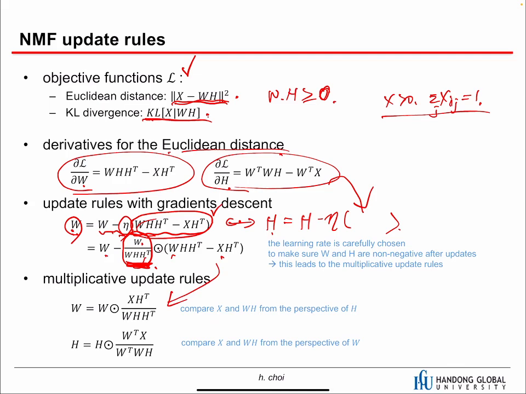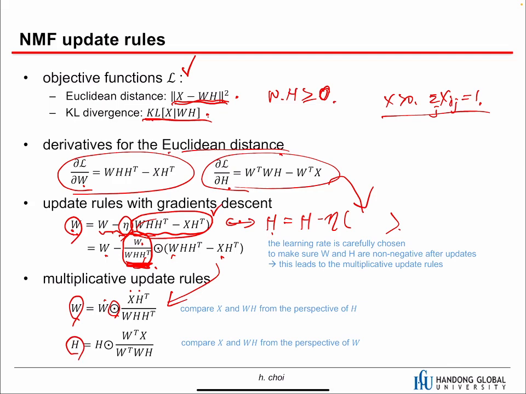In this update rule, we don't have subtraction, we don't have addition, we have just multiplication. Before this update, W was positive, X was positive, H was positive, everything was positive, and we just multiply. The updated W will be positive for sure, and H will be positive for sure.